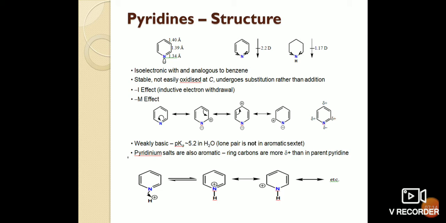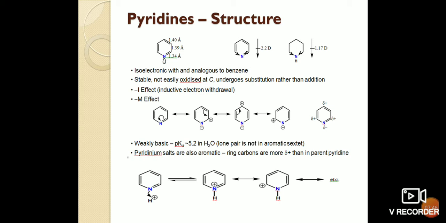It is stable, not easily oxidized at carbon, undergoes substitution rather than addition. We see the ring is highly unsaturated, so there is a possibility of addition reaction, but the ring undergoes substitution, which is the property of an aromatic compound.